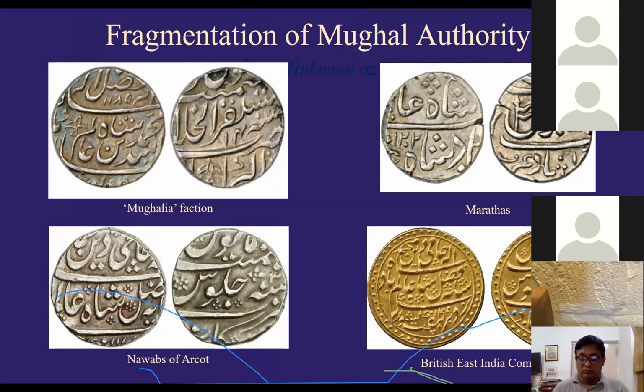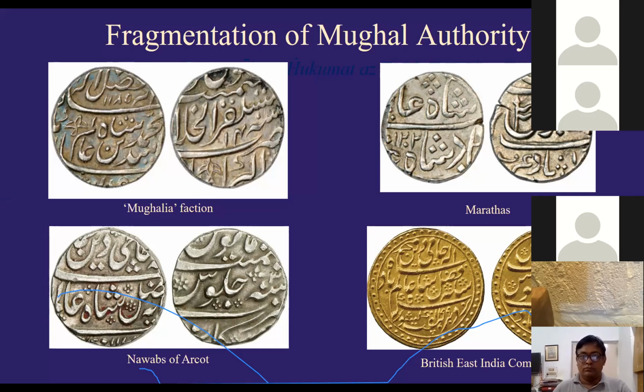So in the 18th century, the Mughal authority fragmented. It's a very well-known historical fact that the Mughal empire became weak, and all sorts of people started appropriating power to themselves. Although they did that, notionally, the power actually remained with the Mughal emperor. So the coins were still struck in the name of the Mughal emperor.